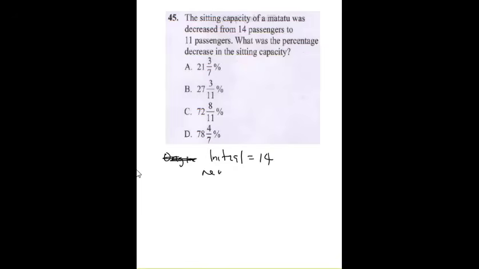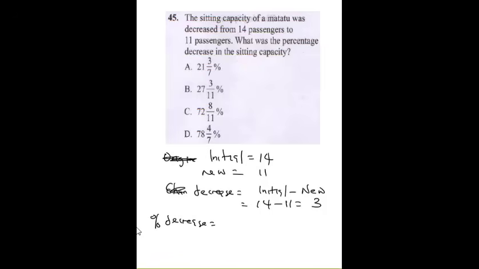The new will now be 11. So to get the change, decrease will be initial minus new. So this is going to give us 14 minus 11, which is 3.